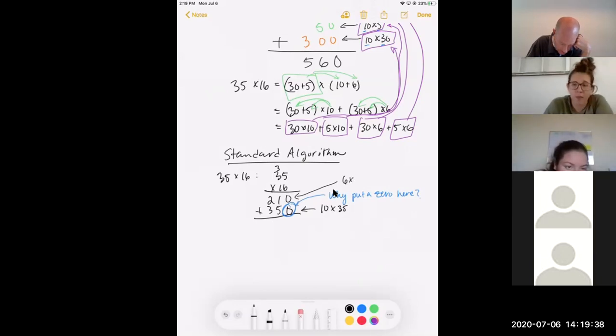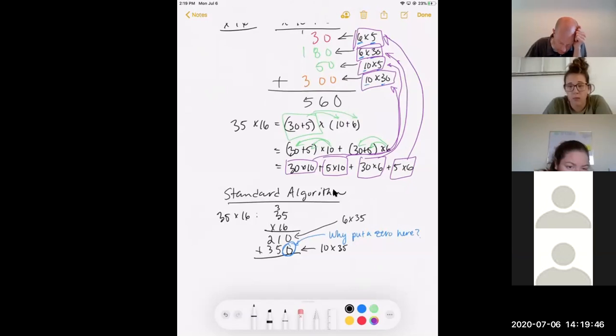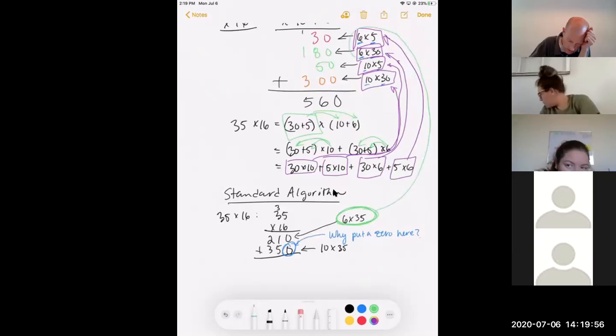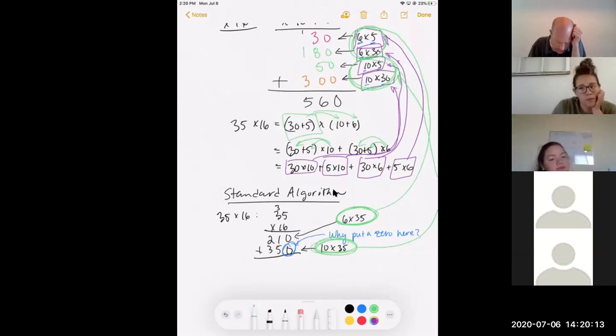You're ignoring the 10 for now because you'll take care of it later. So the 6 times 35 right here is the same as the partial products 6 times 30 and 6 times 5. This 10 times 35 is the same as the partial products 10 times 30 and 10 times 5. So the algorithm takes these partial products and condenses them.